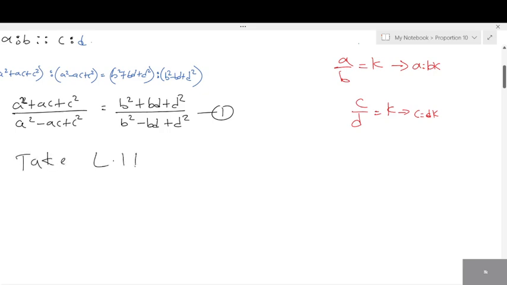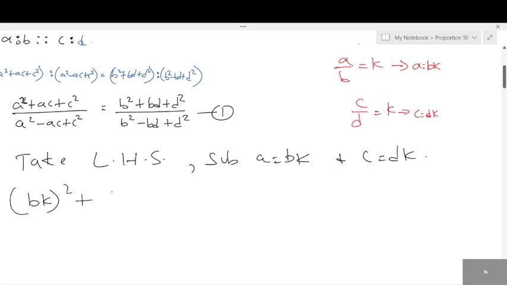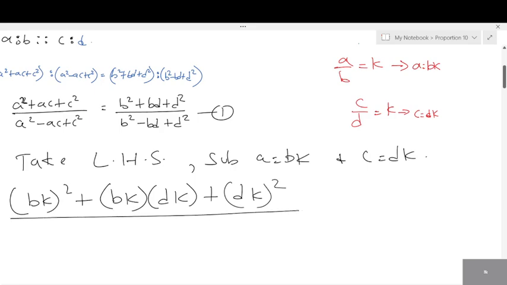Yes, write the statement. Take LHS, comma, substitute A equals BK and C equals DK. Substitute BK the whole square plus BK into DK plus DK the whole square, divided by.